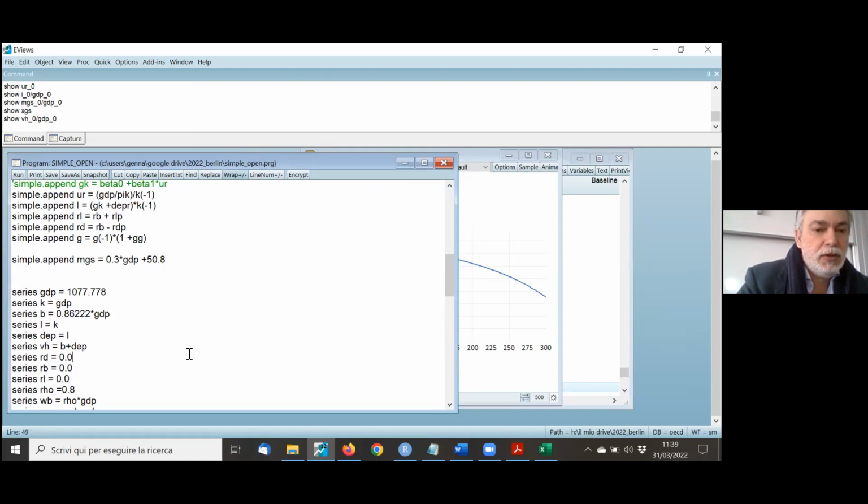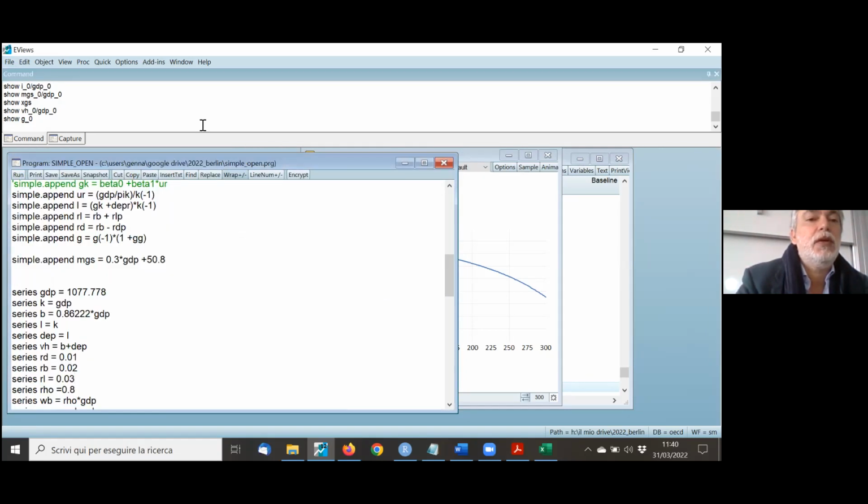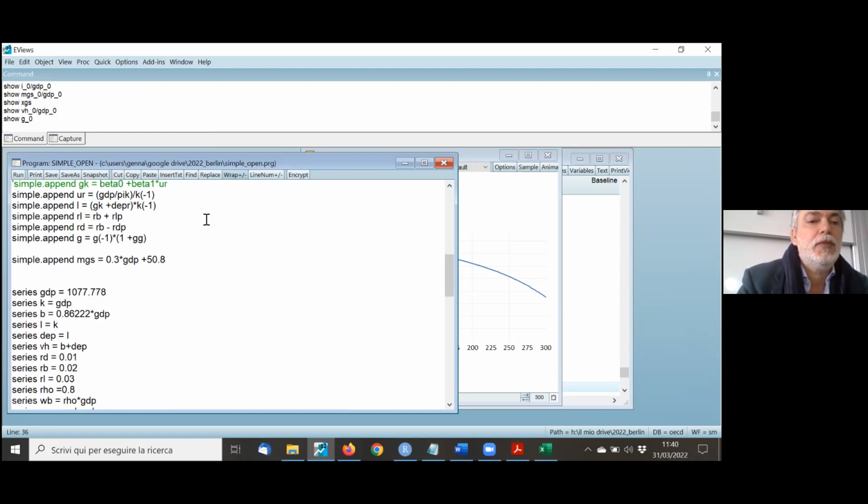Or maybe I don't think this is a good idea anyway. Let's keep it as they were. 1, 2, 3. Yes, G is not growing anymore. And this is what we have used for imports.